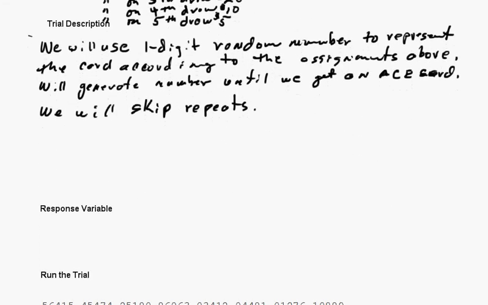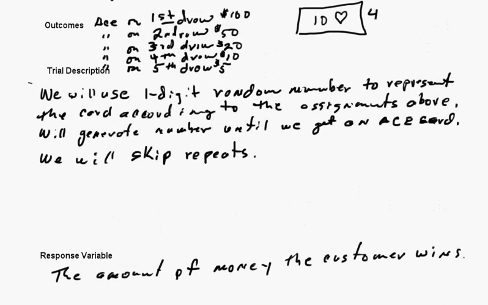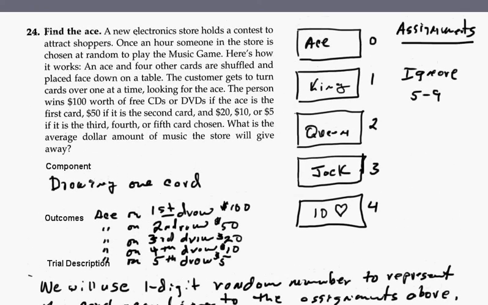Okay, so the response variable will be the amount of money the customer wins for one trial. Okay, so remember, this is for a trial. Okay, so I think we're good to go.